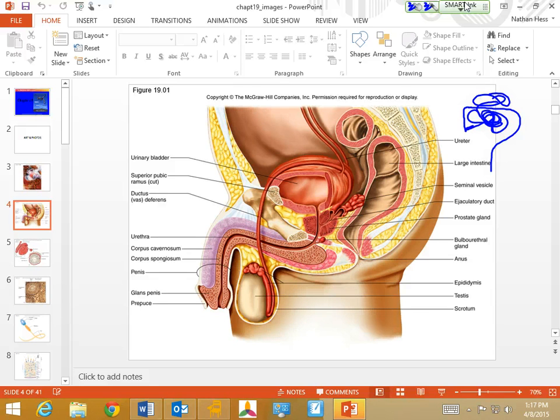This straight part right here, does anyone know what they call that part of the large intestine? The rectum. What does rect mean? Straight. It's because it's a straight part. Okay? Really it all goes back to it. And I'm sure I've told you this, but in this chapter especially, there's some very interesting vocabulary.